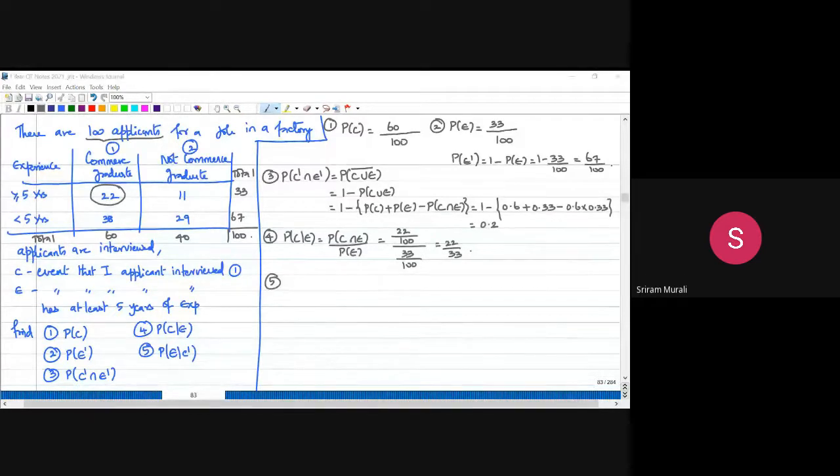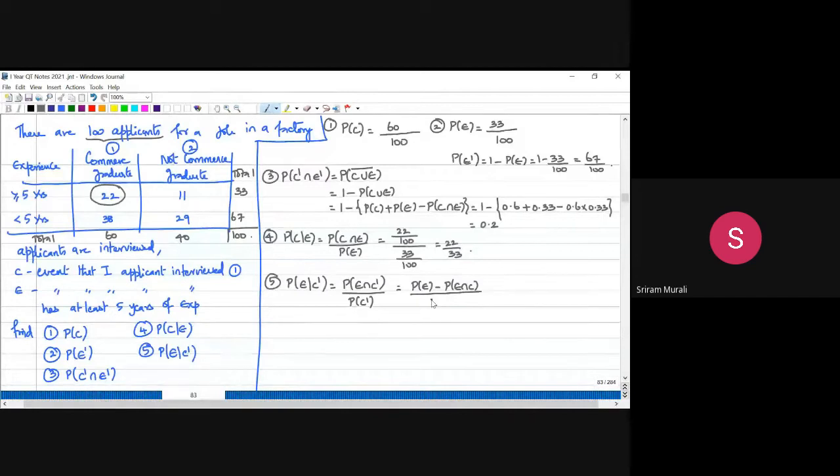Subdivision 5. Probability of E given C bar. It is probability of E intersection C bar divided by P of C bar. So in the total set E, I should discard the intersection part.